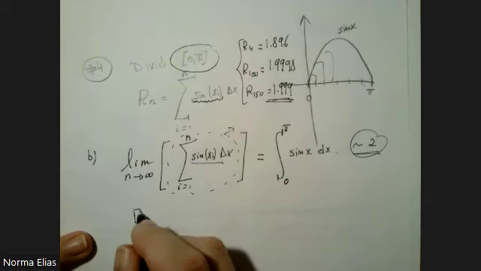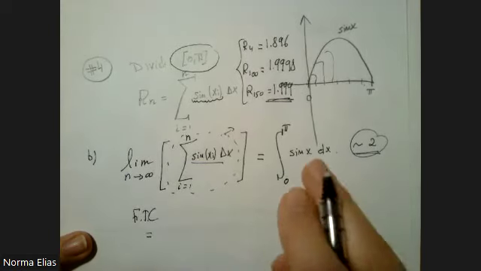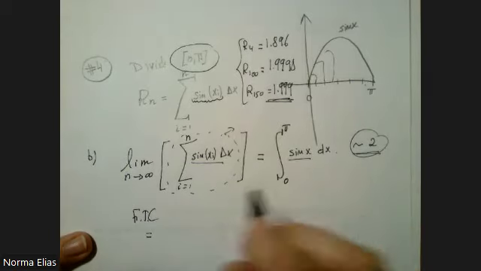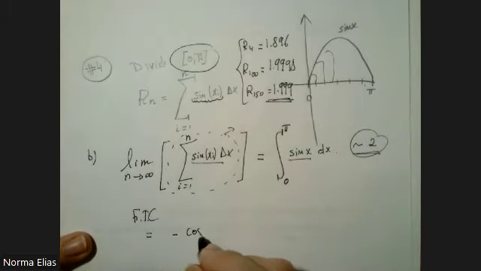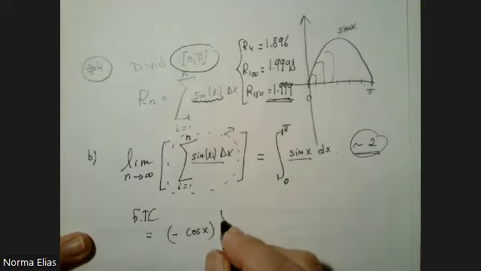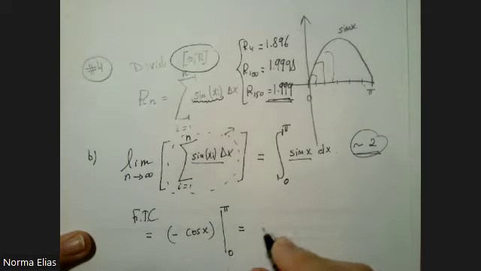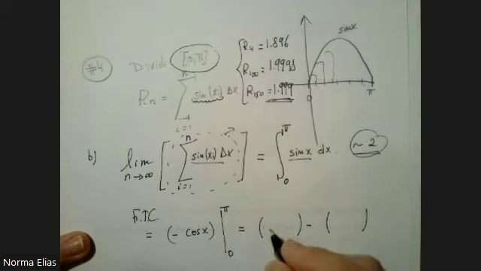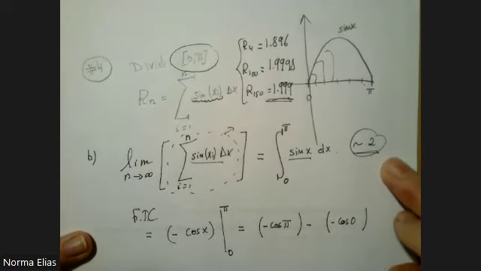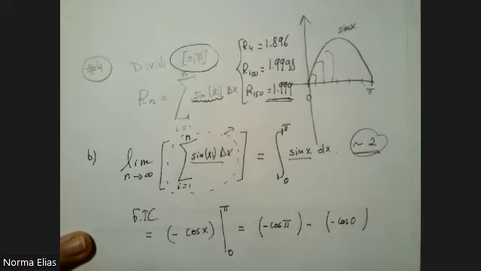By the fundamental theorem of calculus, I should get the antiderivative of sine, which is minus cosine, evaluated between 0 and pi. Means equal to, at the upper minus the lower, minus cosine pi minus minus cosine of 0. So that's what I should get, otherwise something is off.